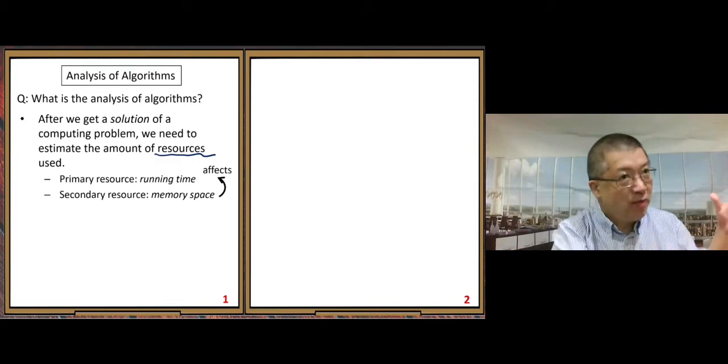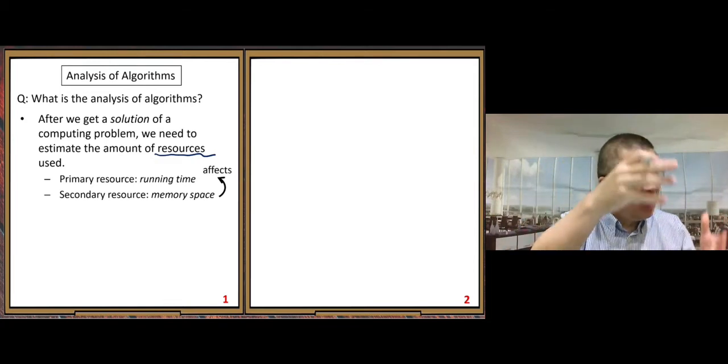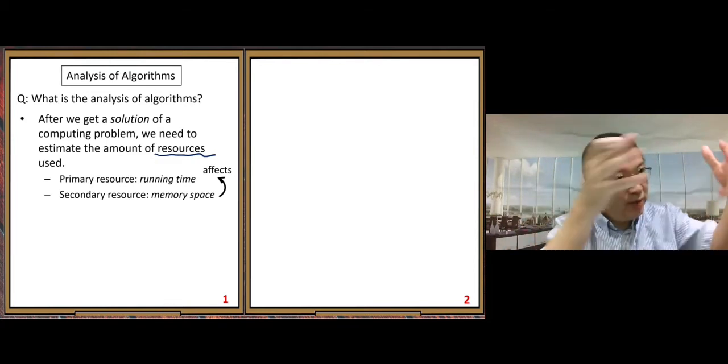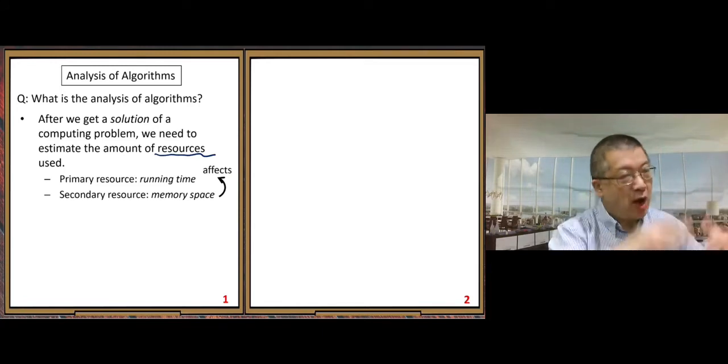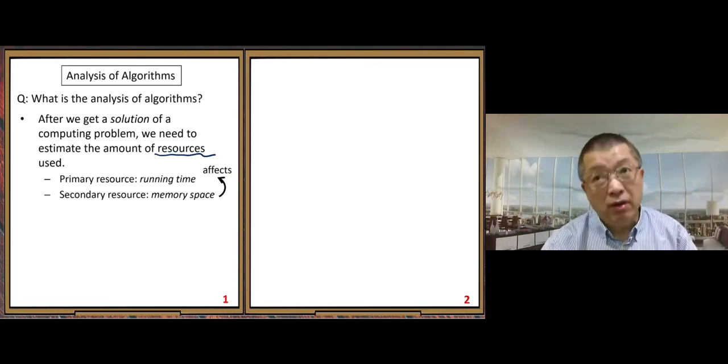Swapping pages. Remember, hard drive, memory, pages, swap in, swap out. That will be very slow. That kind of operation is usually very slow. So in general, your algorithm will run very slow.